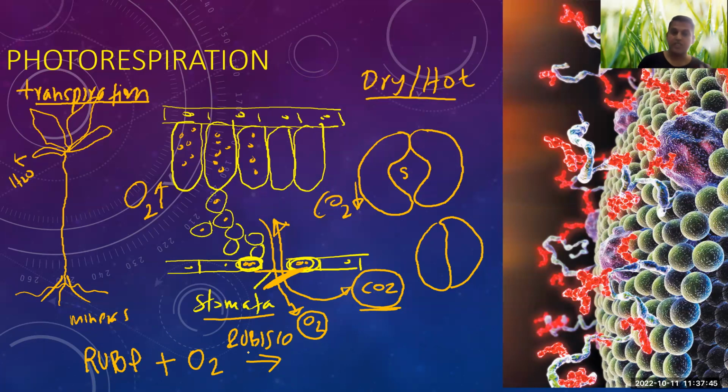When more oxygen is available, Rubisco can also catalyze a reaction between RuBP plus oxygen. Okay, we'll see what will happen after that.